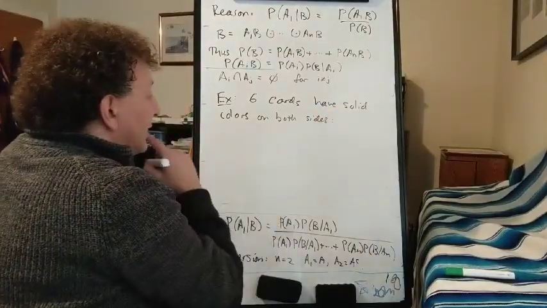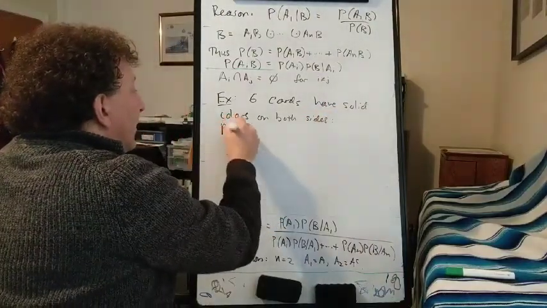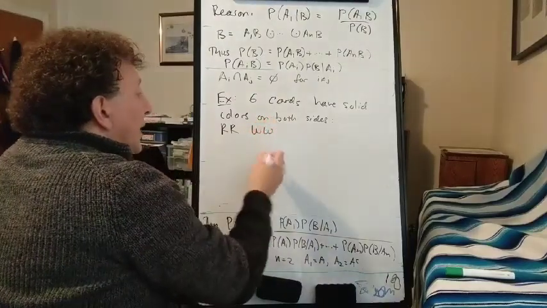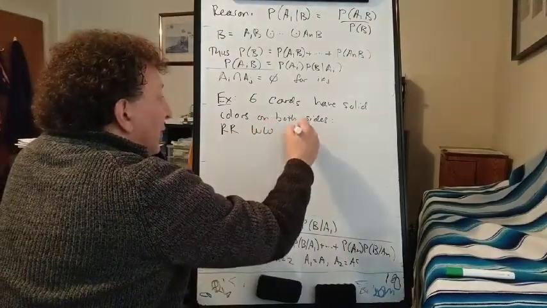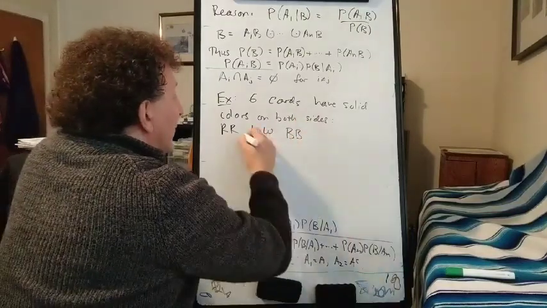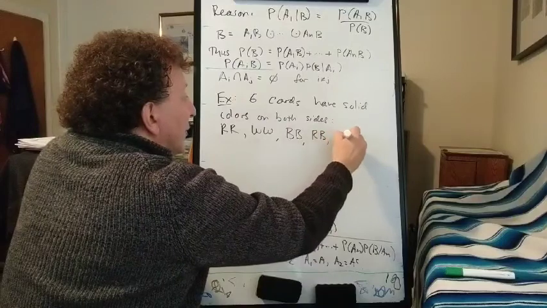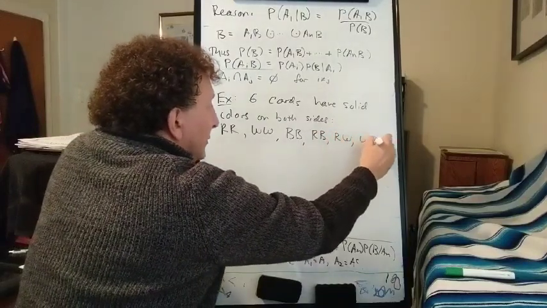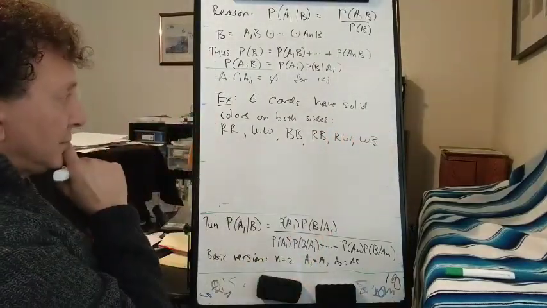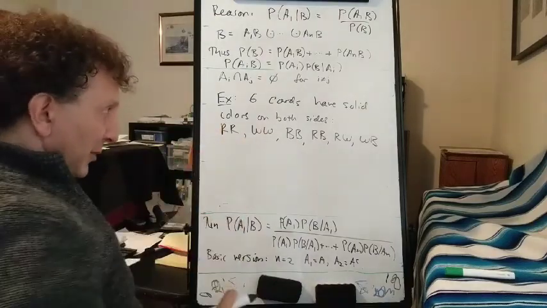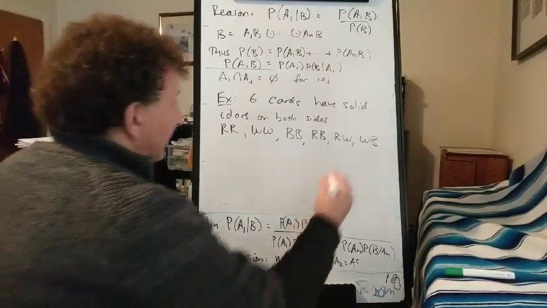Those 6 cards are a card that's red on both sides, a card that's white on both sides, a card that's blue on both sides, and then one that's red and blue, one that's red and white, and one that's white and blue. So given these 3 colors, red, white, and blue, these are all the possibilities for cards. We've got all 6 of these cards.